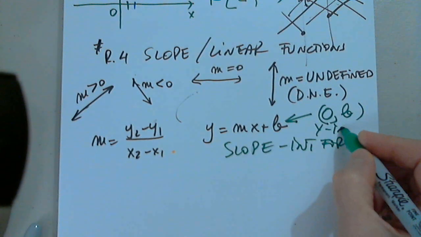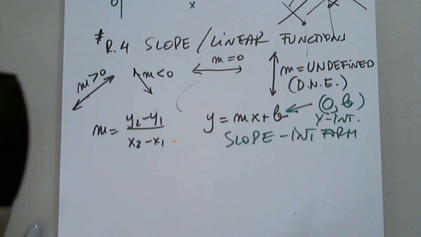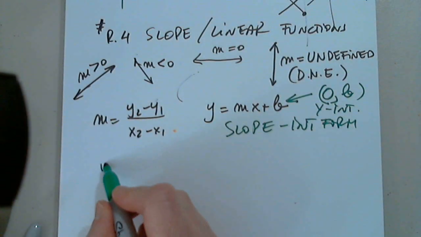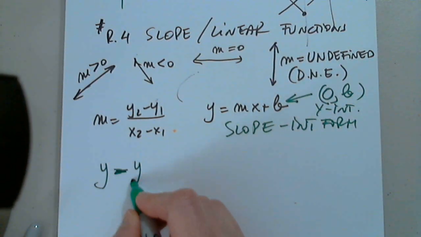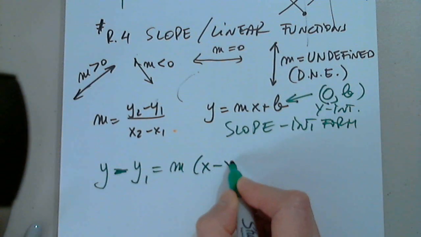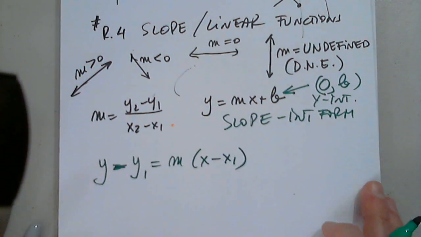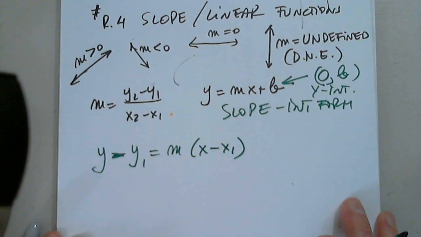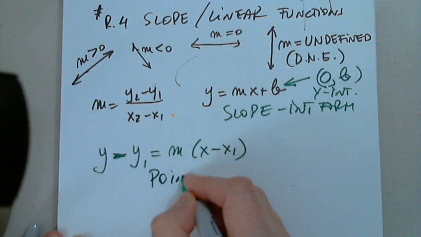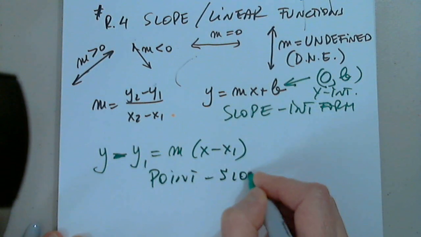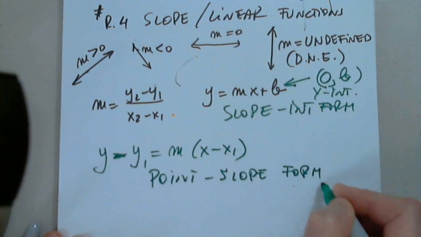This is the y-intercept, (0, b). And also we have one that is y minus y1 equals the slope times x minus x1. Anyone would like to tell us what this is? Point slope. Thank you very much, Nathan. Point slope form.